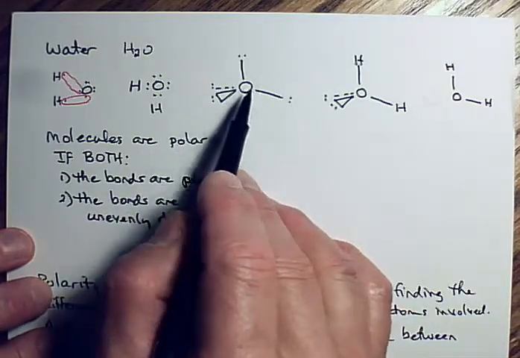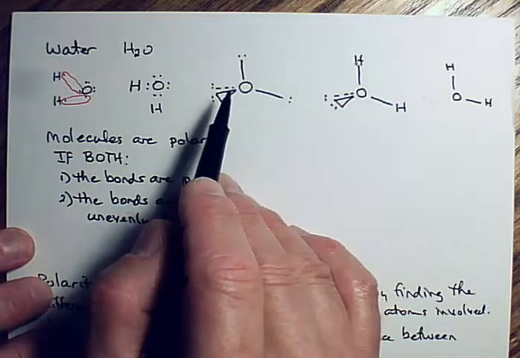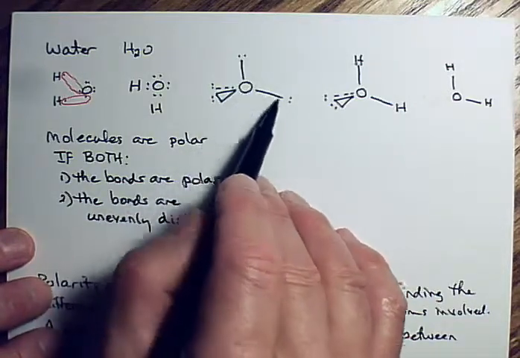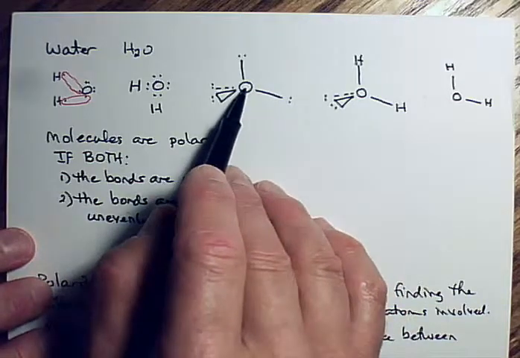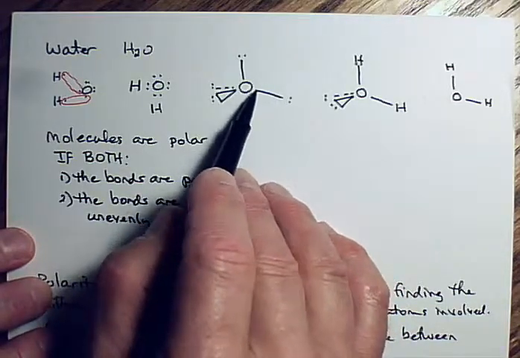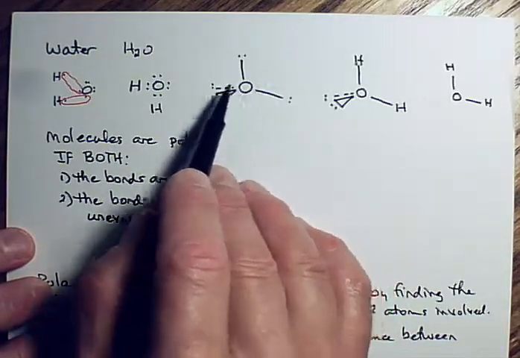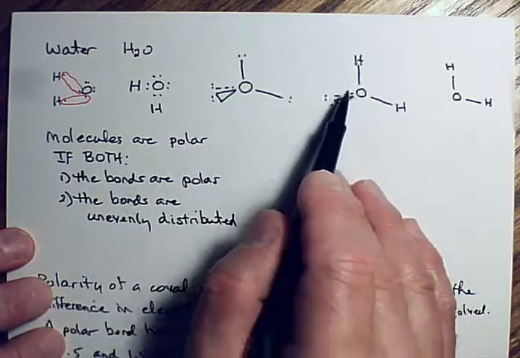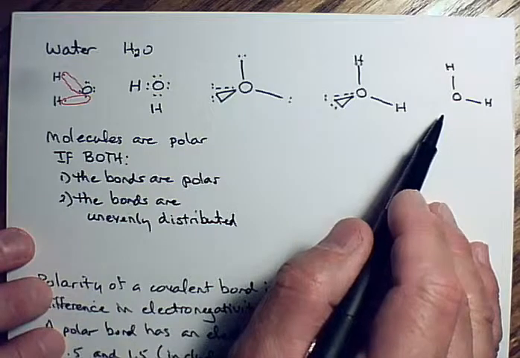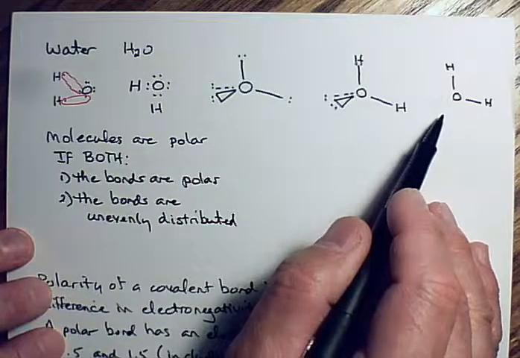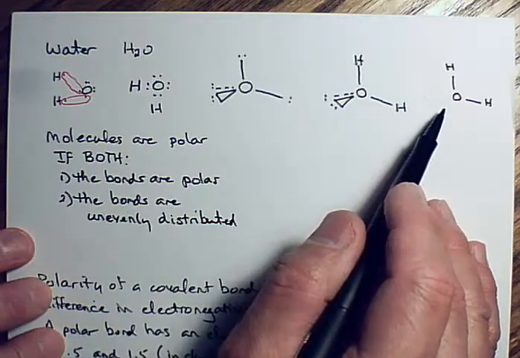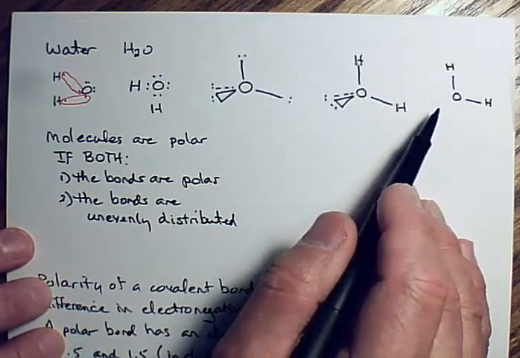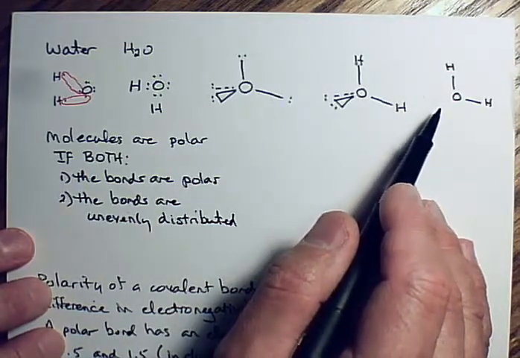We have 109.5 degrees from any one of these bond connections, this direct line between the nuclei and this electron pair. They're all evenly distributed, 109.5 degrees. So this is evenly distributed, but we got rid of 2 of those to get this shape. So is this evenly distributed? Come on, it's an obvious answer. Is this evenly distributed? Okay, no.